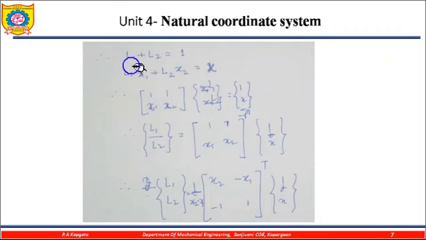So L1 plus L2 is equal to 1, then L1 x1 plus L2 x2 is equal to x, because this is the point we have considered. Now these things are converted into matrix form. Here you can observe L1 and L2 are available in both the terms. So I am keeping L1 here and L2 here. So this is my matrix.